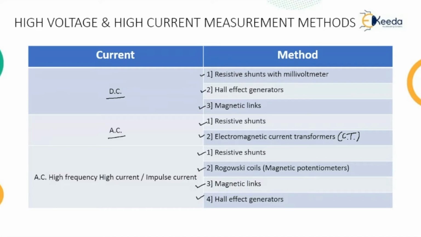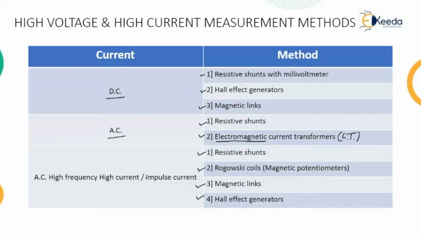The AC current can be measured by two methods: resistive shunt and current transformer. Those current transformers are called electromagnetic current transformers, as they work on electromagnetic energy.